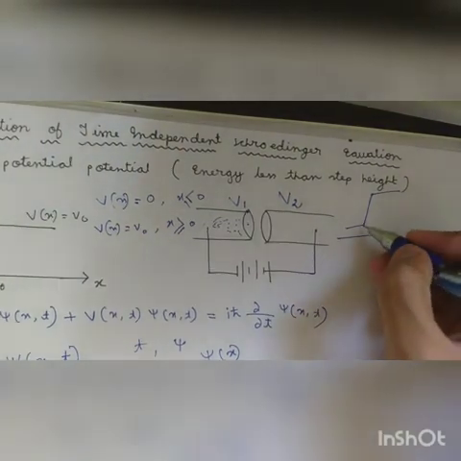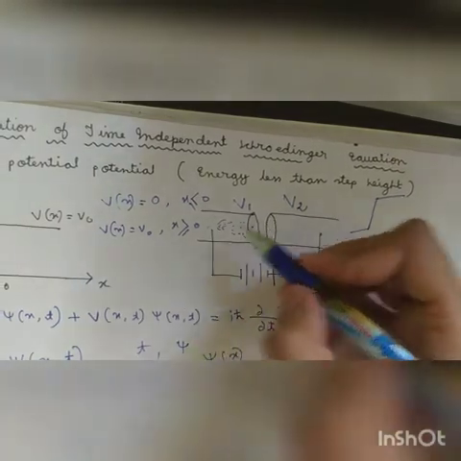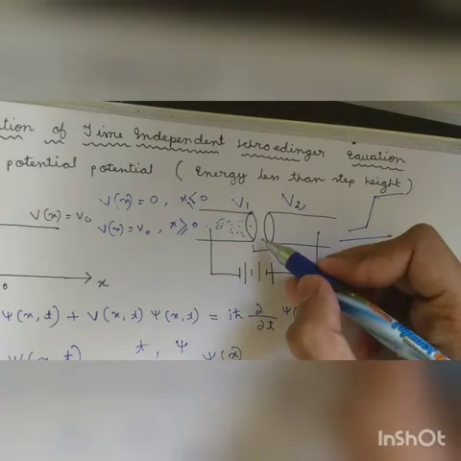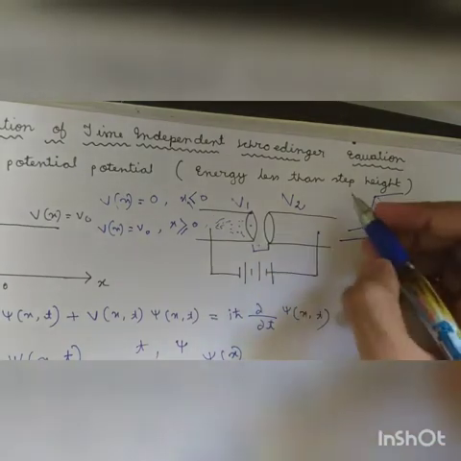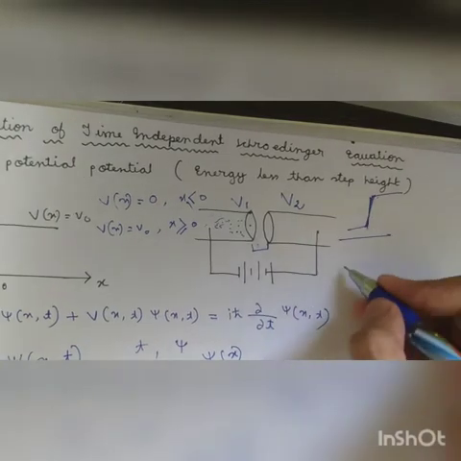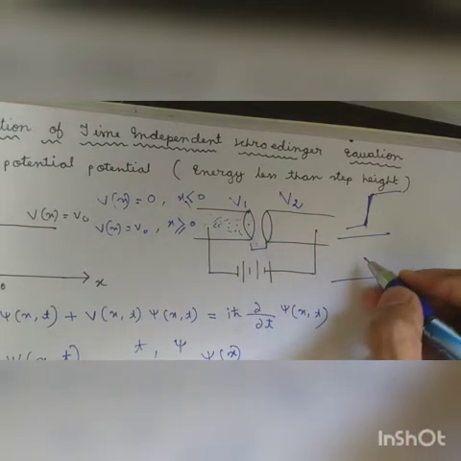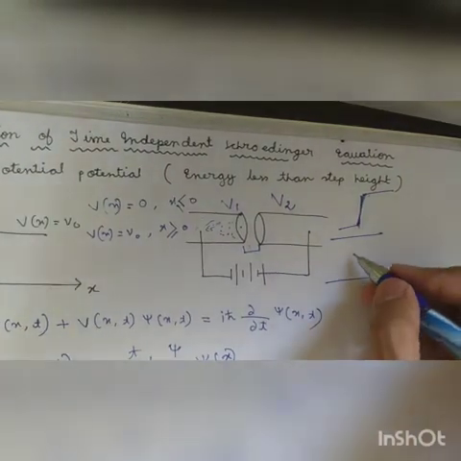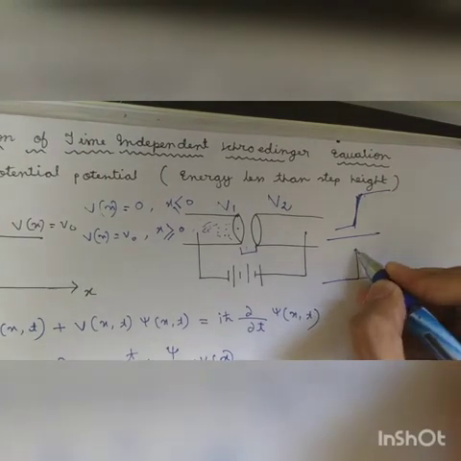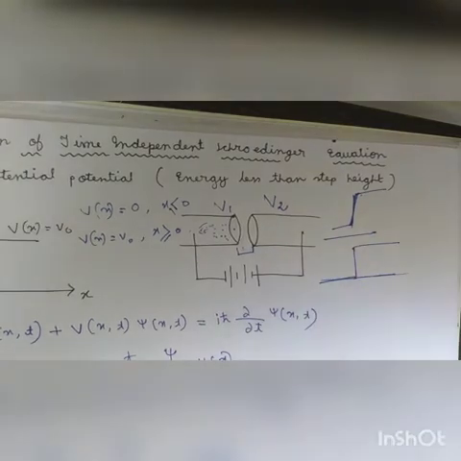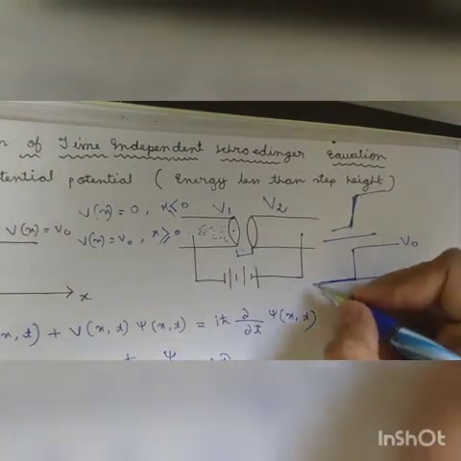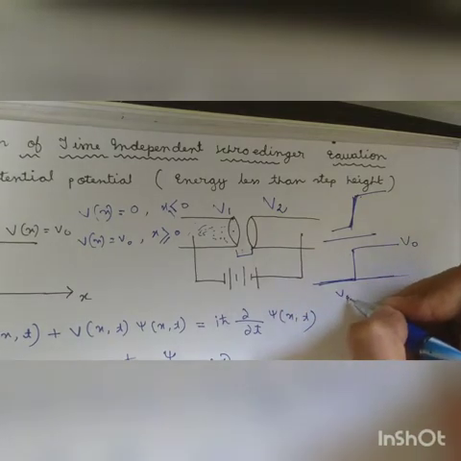So if we keep changing the distance between them, this slope will change, and if we keep decreasing the distance, the slope will increase, tending towards 90 degrees. So it will reach a certain point where it is a very good approximation of a step potential. This will be some other value, and we are considering the lower value to be 0.